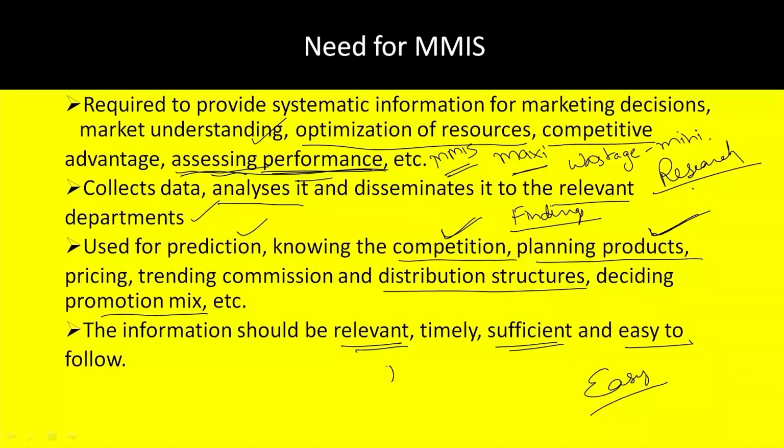We need to understand one more thing here, that the sources of information are both external as well as internal. Like if you talk about internal reports, it is a good source of information, okay. Marketing intelligence is a good source of information.